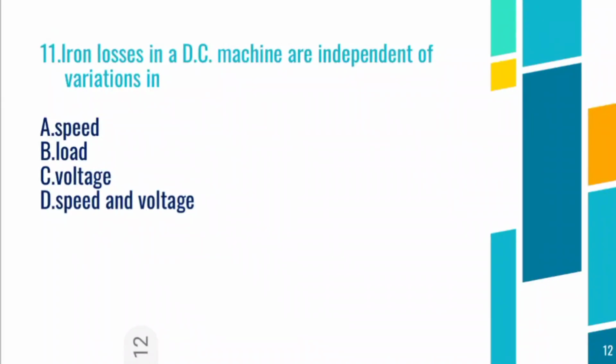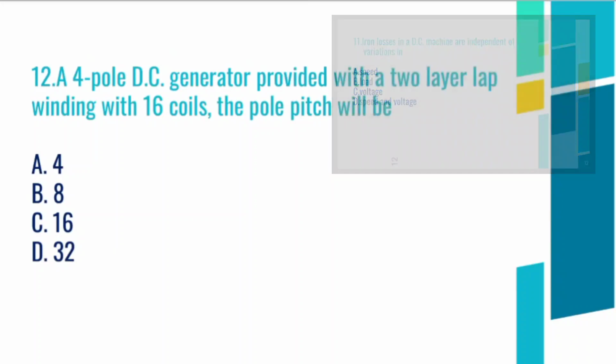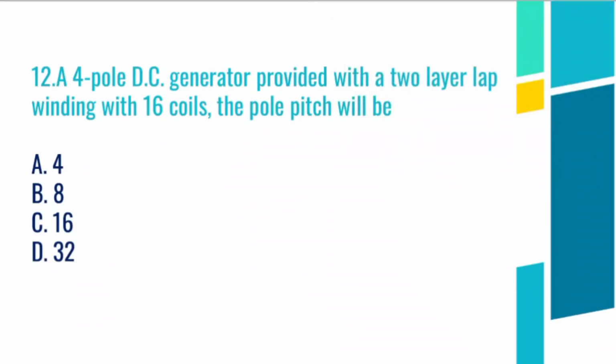Coming to next, a 4-pole DC generator provided with 2-layer lap winding with 16 coils. The pole pitch will be, pole pitch means distance between two adjacent poles, or number of slots divided by number of poles gives pole pitch. 16 coils with 2 layers means 16 into 2, 32, divided by 4.